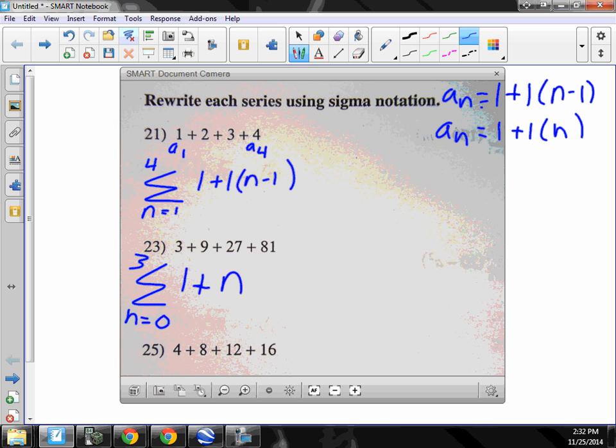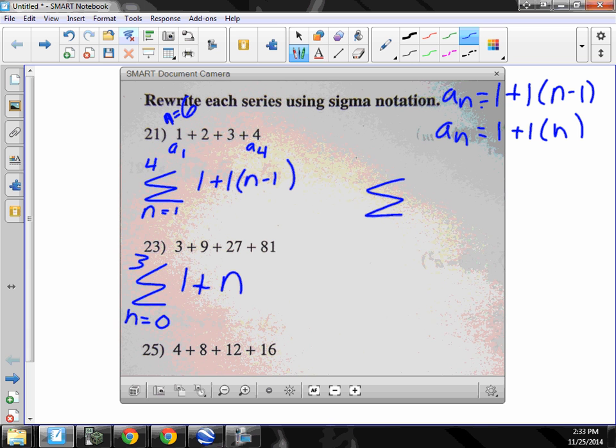Could I start at 7? So let's say I wanted to start at n equals 6. So that's going to be sigma notation from n equals 6 until 6, 7, 8, 9.